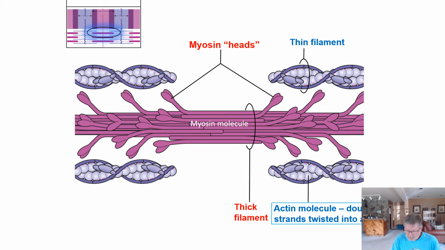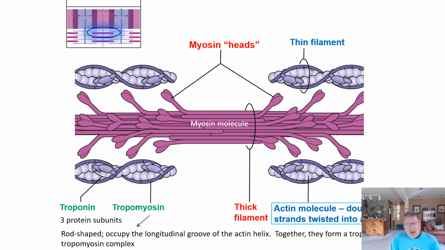Well, that's kind of interesting. If we look on the surface of this helical actin, we see this darker blue colored structure, sort of like a strand. And then every once in a while you see this 3 subunit structure here. They're scattered around.